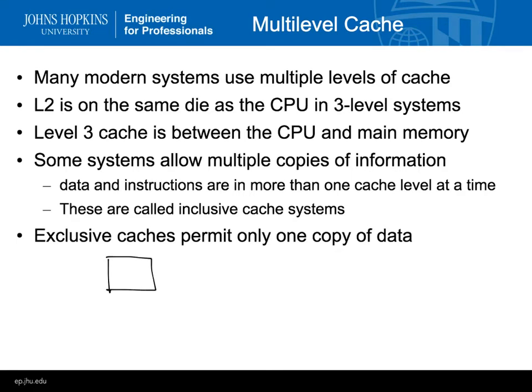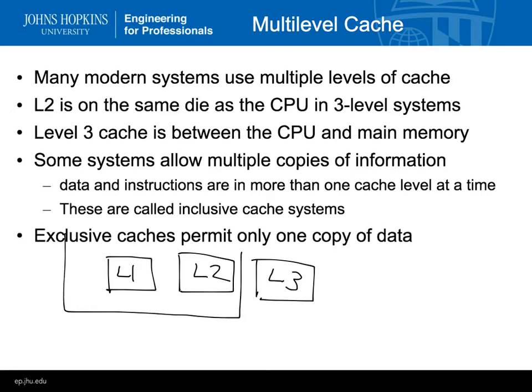So hopefully in your papers you talk about how many levels of cache there are, but you could actually have 3. And you could have 2 levels in the CPU or on the same chip. And then there's a thing called an exclusive cache, which doesn't let you keep multiple copies of the data in the different levels of cache.